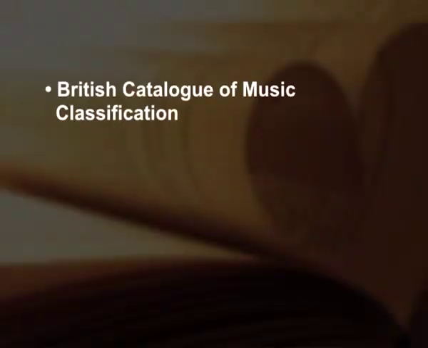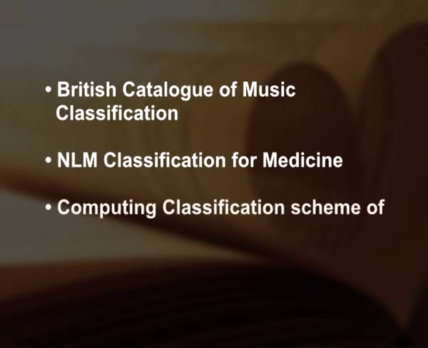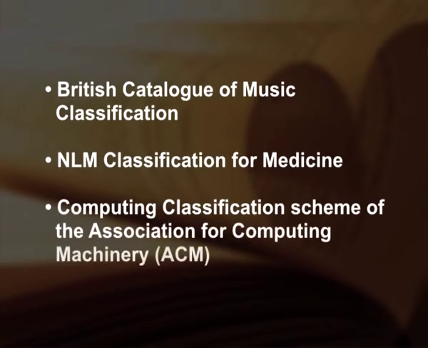Examples of special classification schemes are British Catalogue of Music Classification, NLM Classification for Medicine, Computing Classification Scheme of the Association for Computing Machinery ACM. Now, let me summarize the whole session. In this session, we discussed the need for classification in libraries.